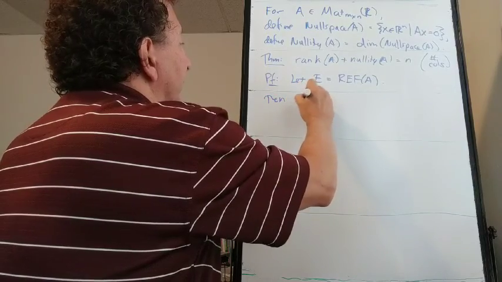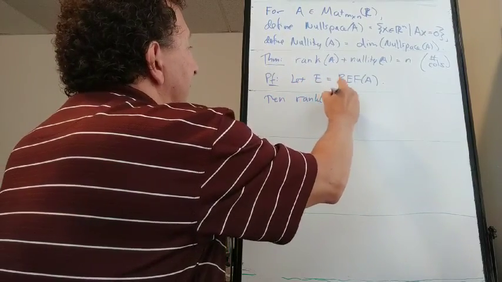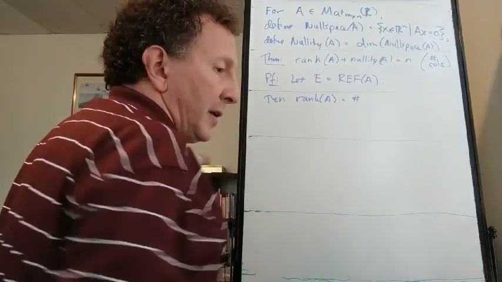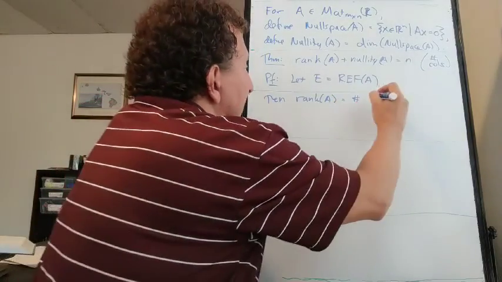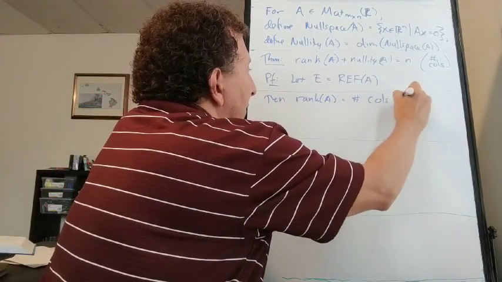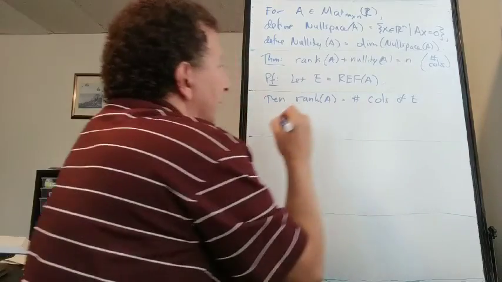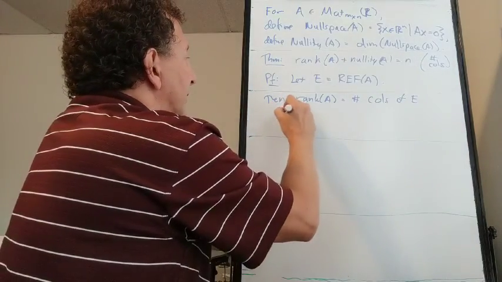Then we know that the rank of A equals the number of columns of E containing leading ones.